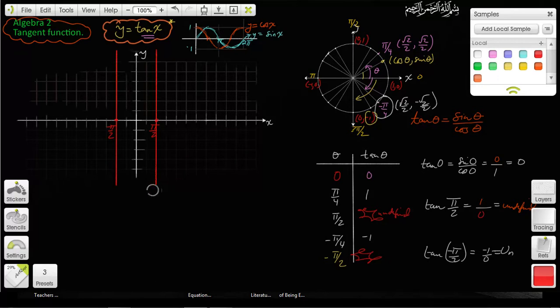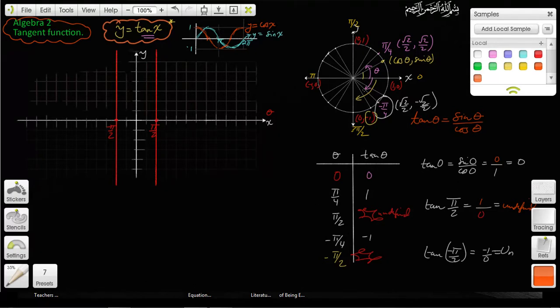Now, you have to be careful here because x here is actually theta, and y here is tangent of theta. You can't mix these x and y's. And then you notice that you're going to have these asymptotes every 90 degrees.